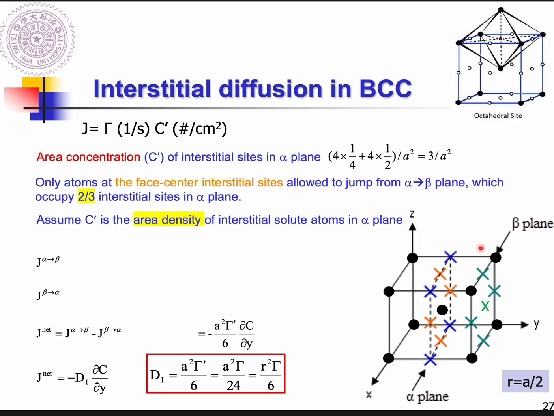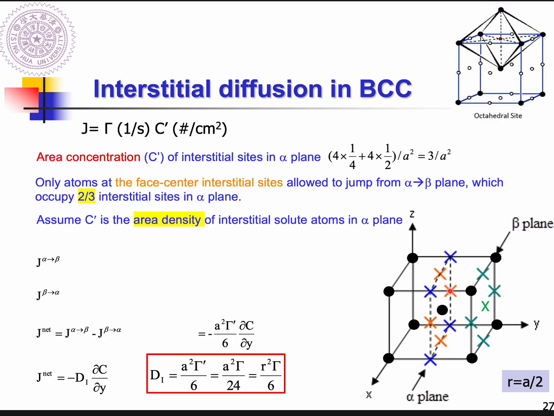The reason is this distance is longer than this one. As I mentioned before, the atoms always jump by the nearest distance. Based on this, we know we have 3 sites in total, and only this orange interstitial site can allow the solute atom to make a successful jump to the beta plane.